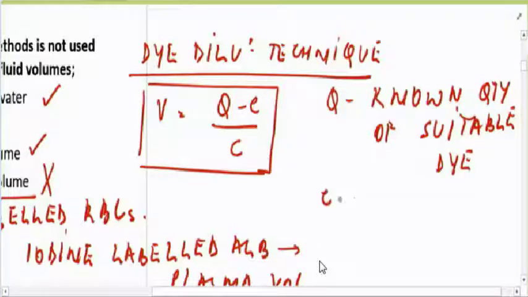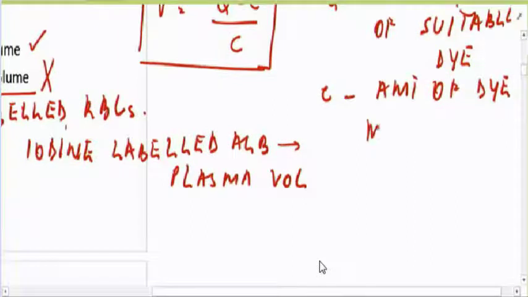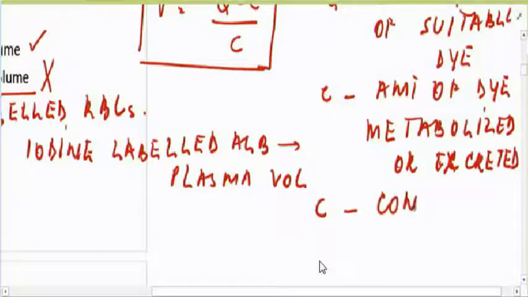E is the amount of dye metabolized or excreted during the procedure. And C is the concentration of dye in a sample obtained after mixing has taken place.